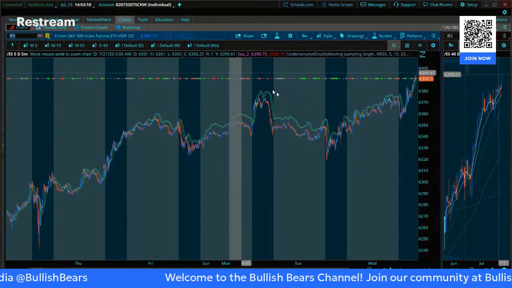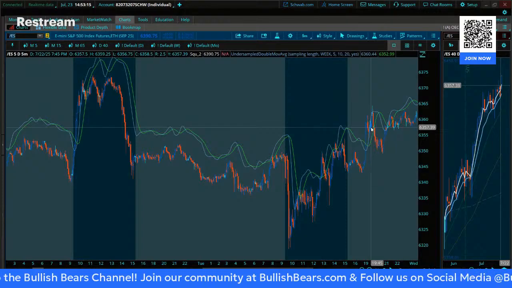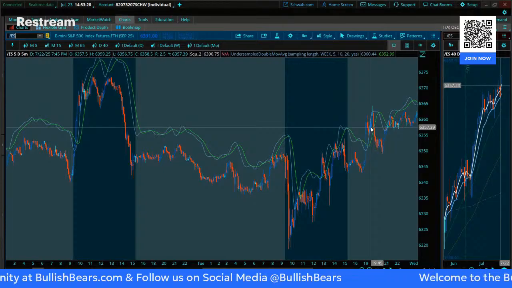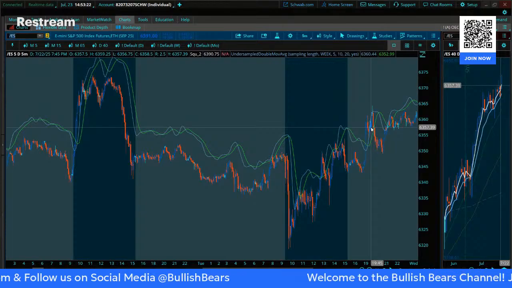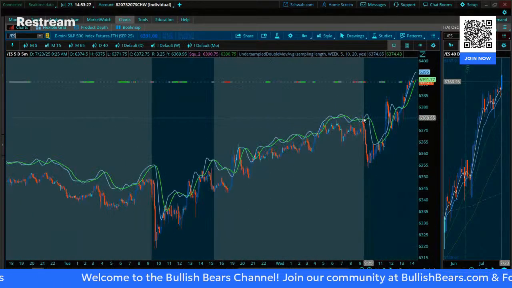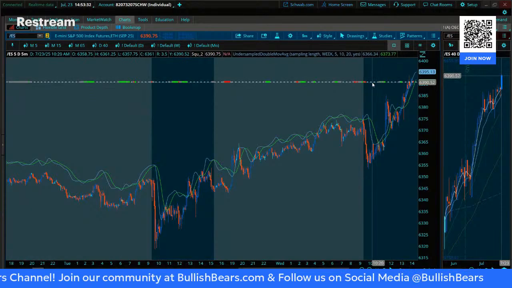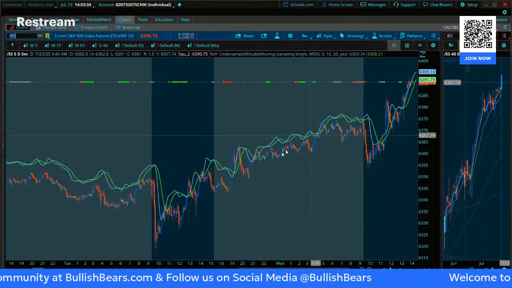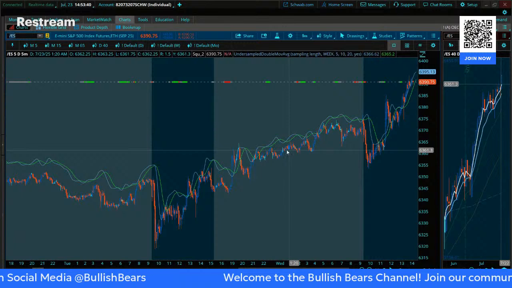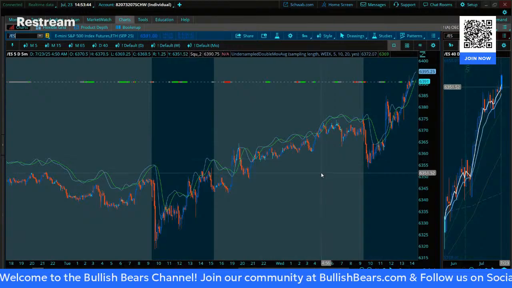When it comes to these dots, you can add those dots to anything, which means if you do like having something like a Keltner channel on there, you can put the squeeze dots on the 20 period moving average that's inside your Keltner channel, and that way you can see the squeeze. You can put them on the moving average that you like, right? You can put them on VWAP if you want. And that way your intraday VWAP, if there happens to also be a squeeze going on, the dot will show up on your VWAP line. You know what I mean?